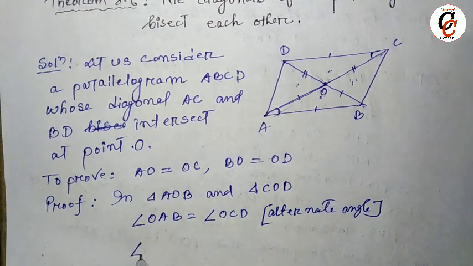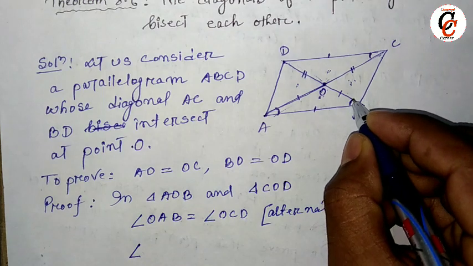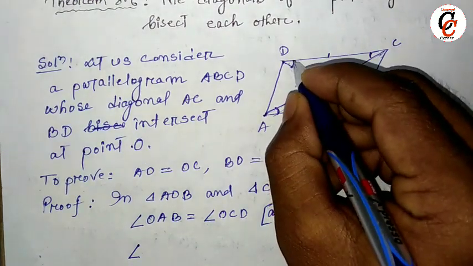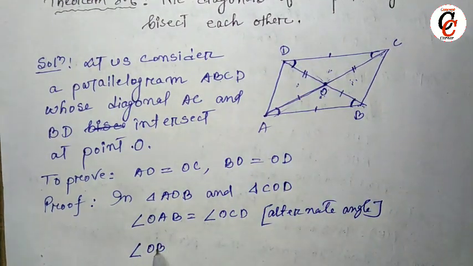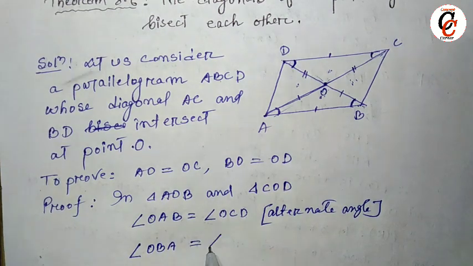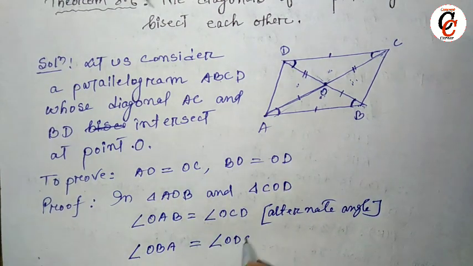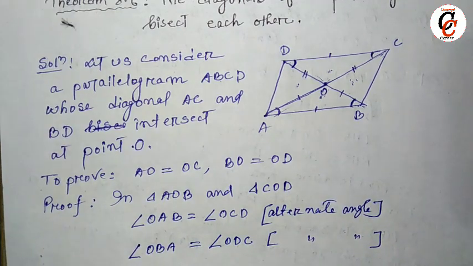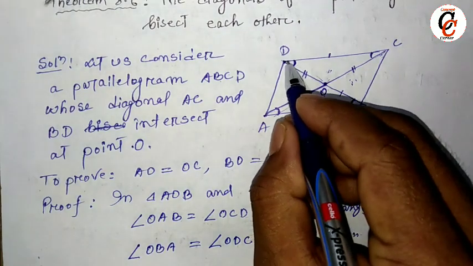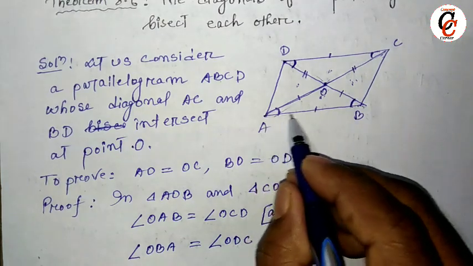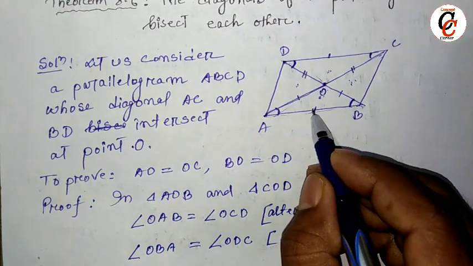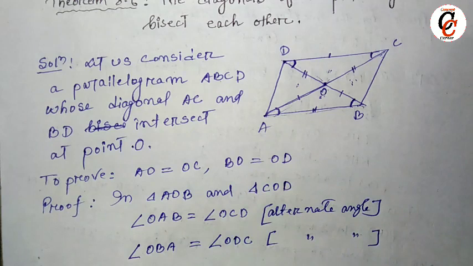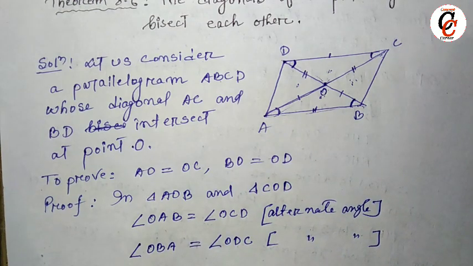Again, similarly, angle OBA is equal to angle ODC. These are also alternate angles. And see the side DC is equal to AB. Opposite sides of a parallelogram are equal, so we can write AB is equal to CD.